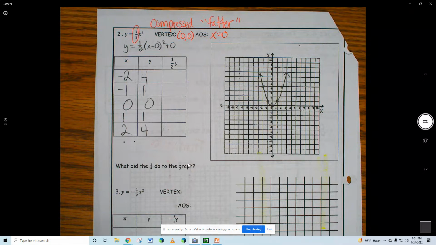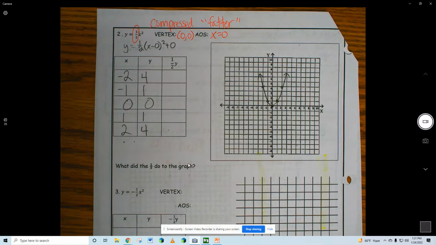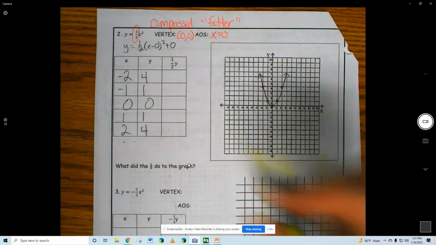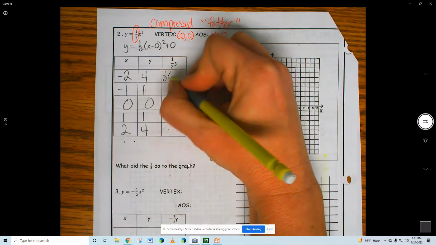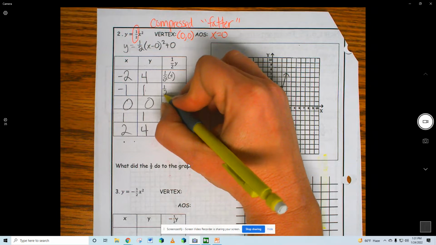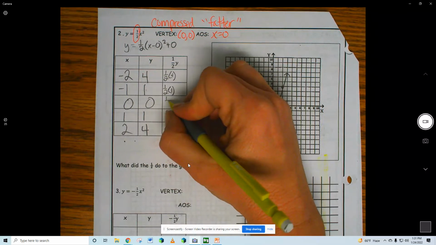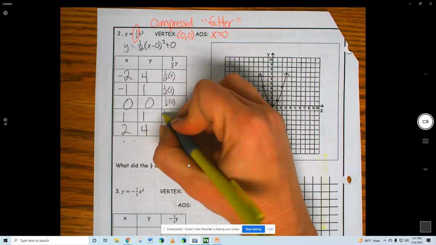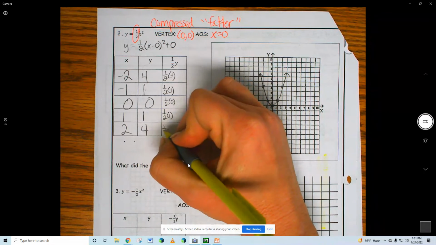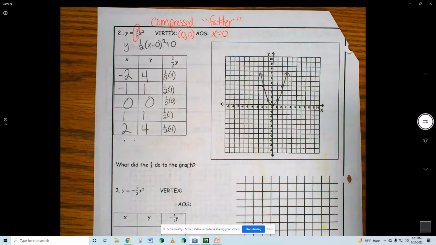And then I'm going to multiply by 1/2. 1/2 of 4. 1/2 of 1. 1/2 of 0. 1/2 of 1. 1/2 of 4.